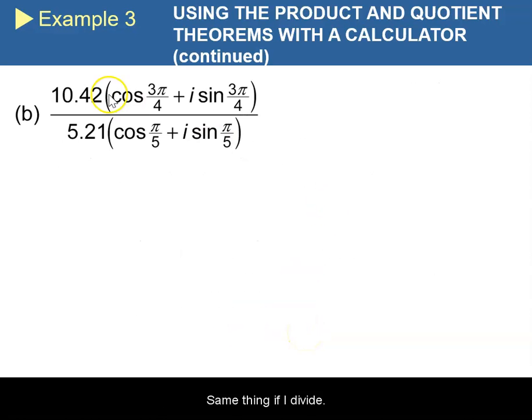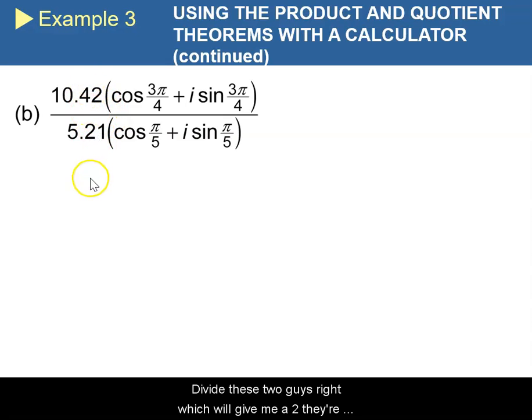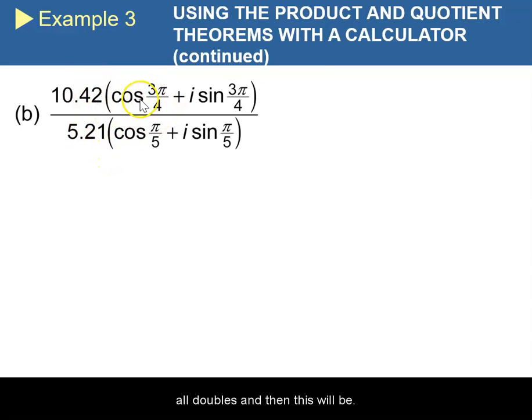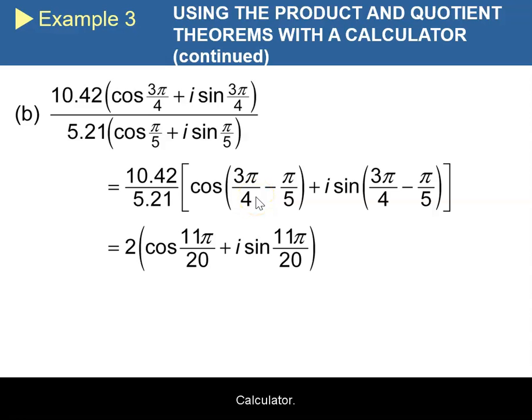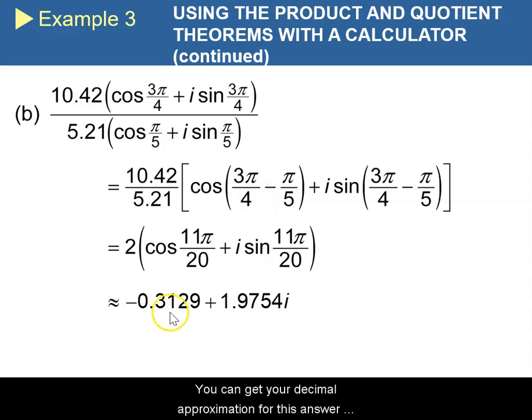Same thing if I divide. Divide these two values, which will give me a 2 because they're both doubles. And then this will be 3 pi over 4 minus pi over 5. Make your common denominators and figure this out before you throw it all in the calculator, and you can get your decimal approximation for this answer as well.